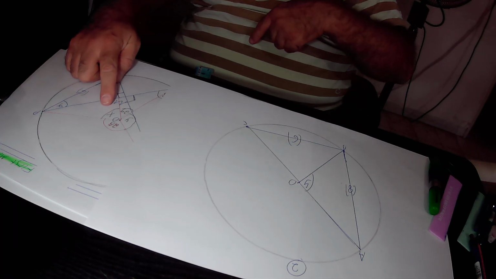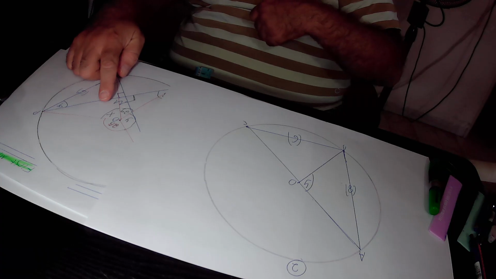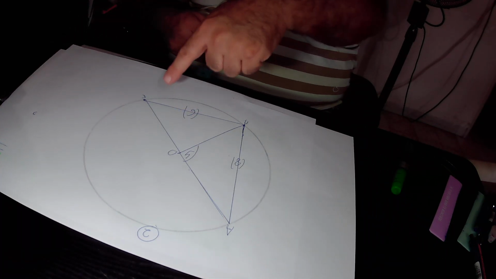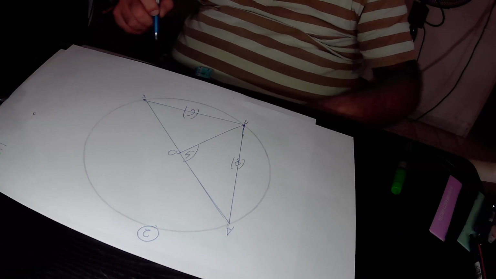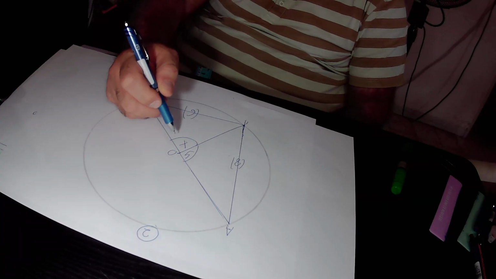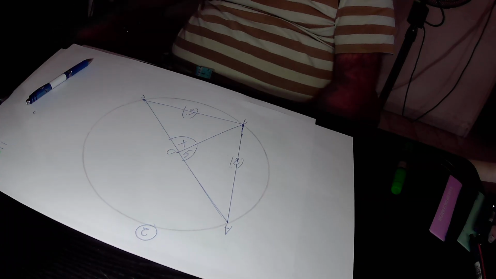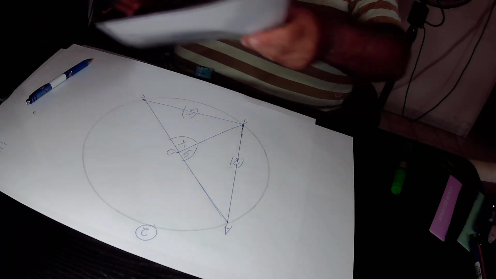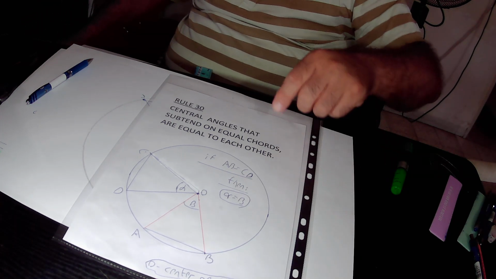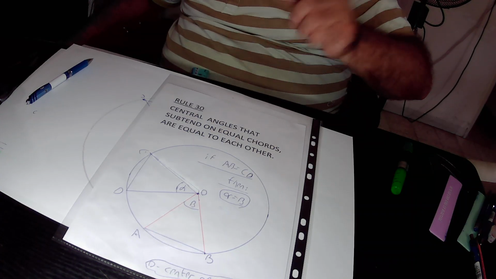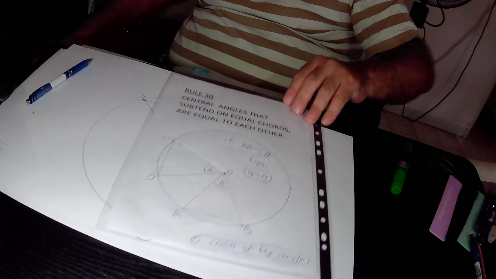The size of this center angle POQ is x, therefore the size of this center angle BOC must also be equal to x degrees in its size. According to Rule 30, center angles that subtend equal chords are equal to each other in their sizes.